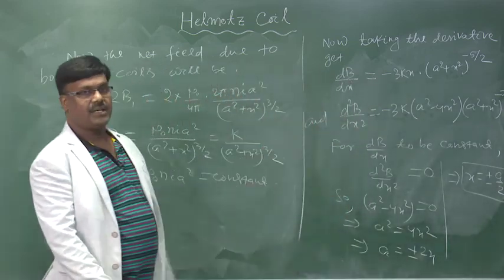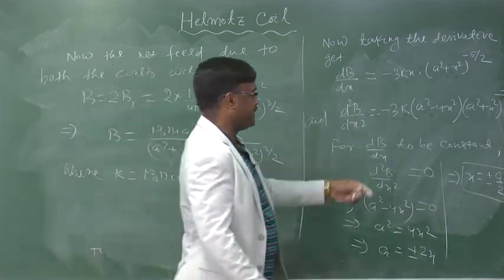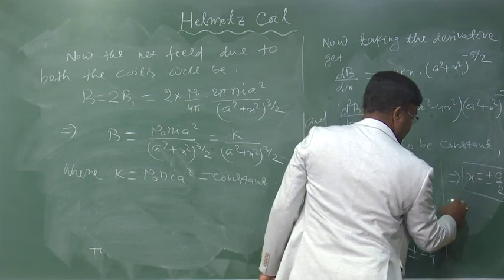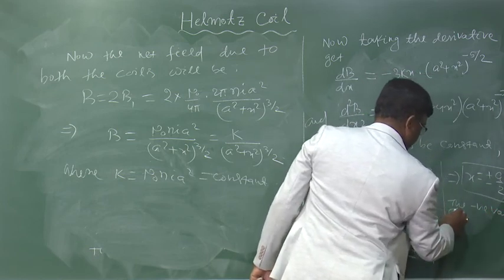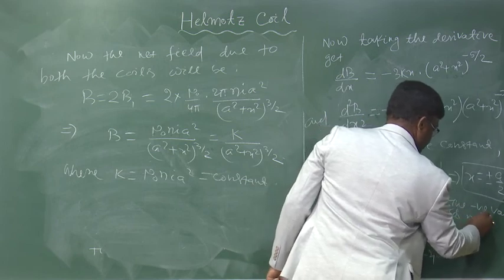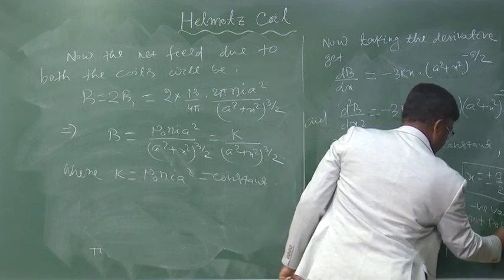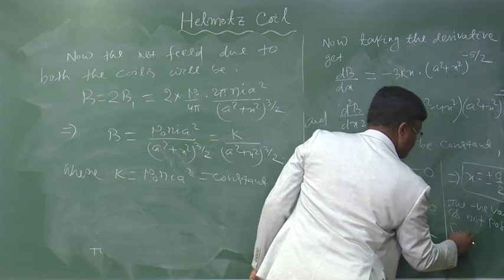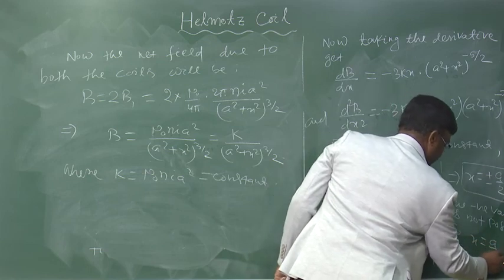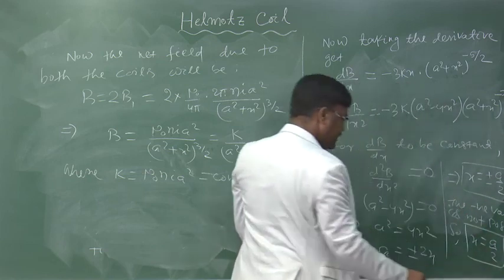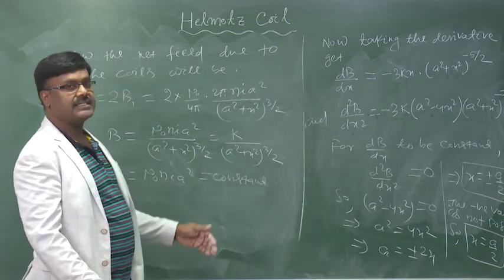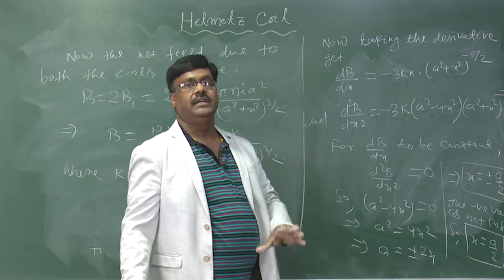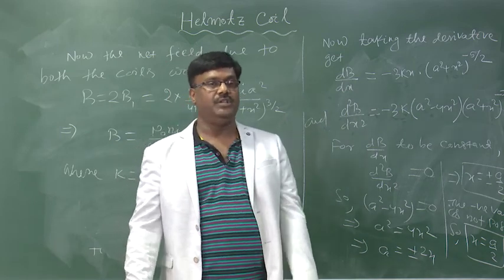But in the case of distance, we cannot take the negative value, so the negative value is not possible. So, x is equal to a by 2. This is the condition in the case of the Helmholtz coil, where we can get a uniform field inside the Helmholtz coil.